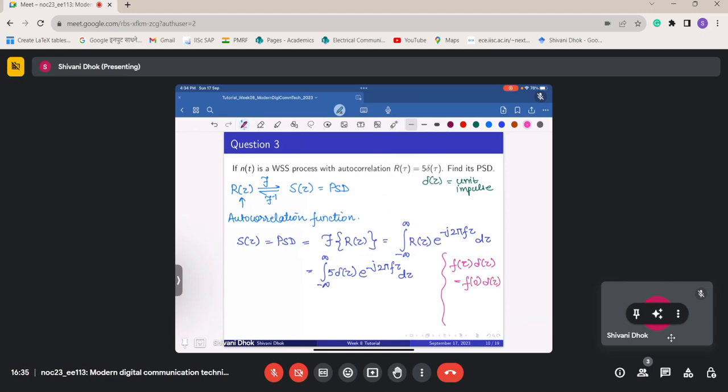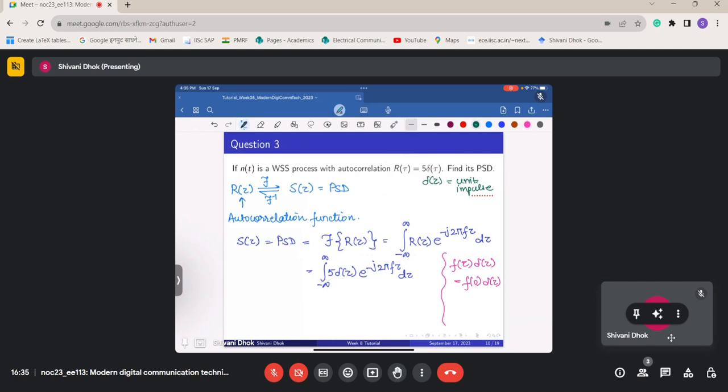So this impulse, if it is multiplied with any function, will attain an area which corresponds to the value of that function at that particular location where the impulse is located.